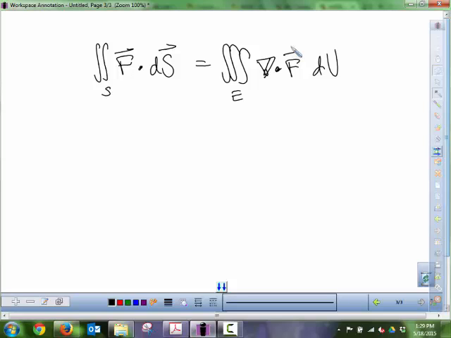It's kind of weird to take this down to 2 dimensions since we are talking about a triple integral of a solid here. But let's see what we can do about this.